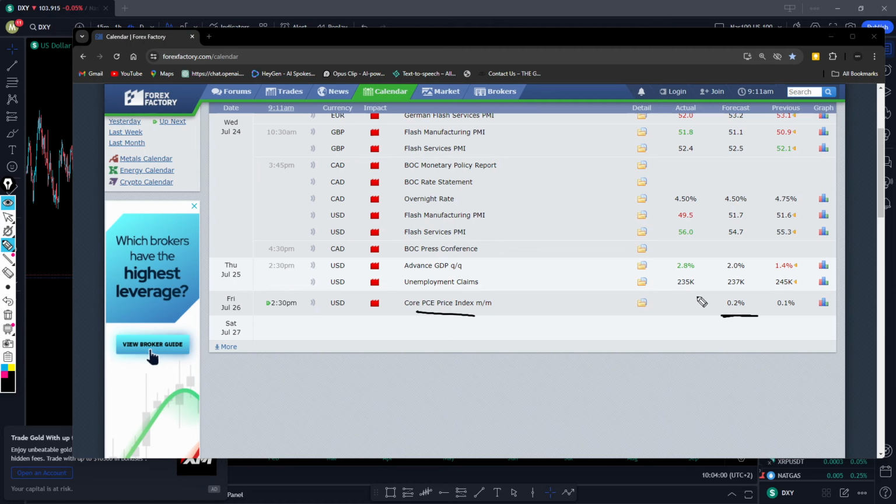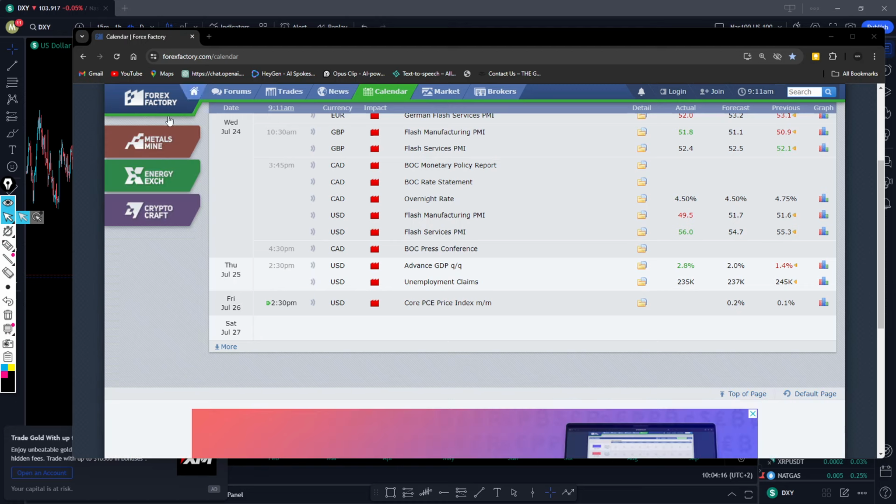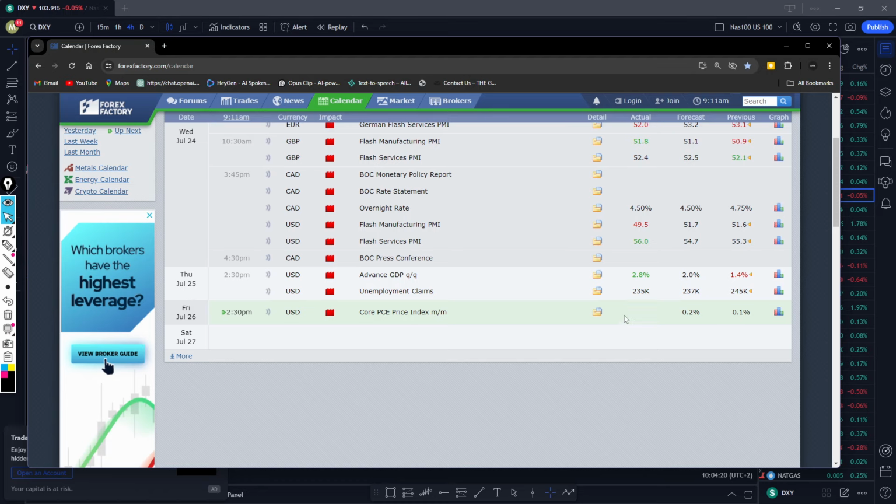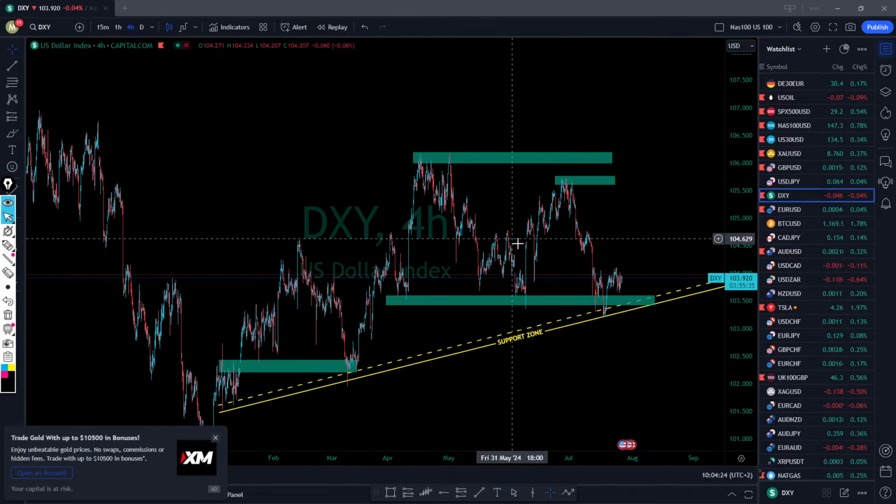Let's hope this number doesn't really go up, because next week we're going to have interest rates and we want them to cut the rates. If inflation is still going up, that is going to be a problem. We know that they might not really cut the rates next week. As they said, they might cut the rates around September. So we just need the numbers to confirm that it's possible that they might cut the rates.